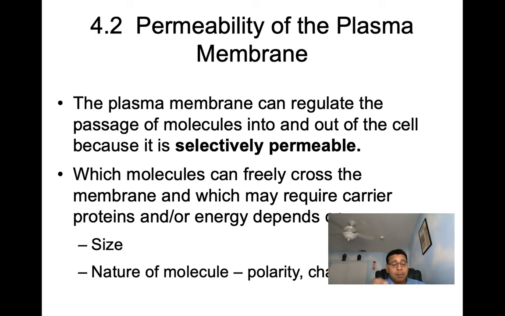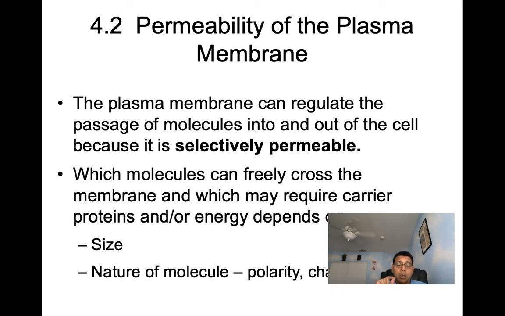This plasma membrane is what we call selectively permeable, meaning that it allows certain substances to move across the membrane while not allowing others. So it is selectively permeable.